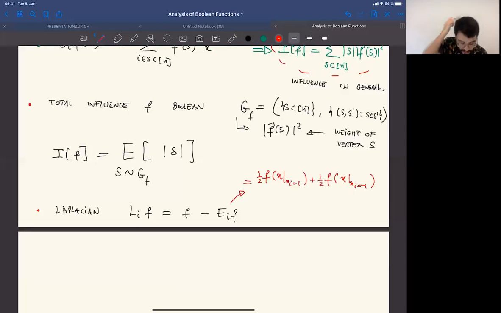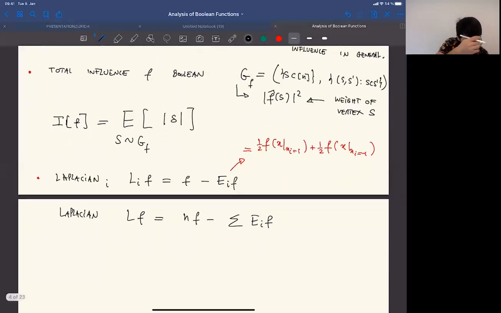And so this is the Laplacian in direction i, L_i. And so the Laplacian L of f would be the sum of these, which is n f minus the sum of E_i of f.